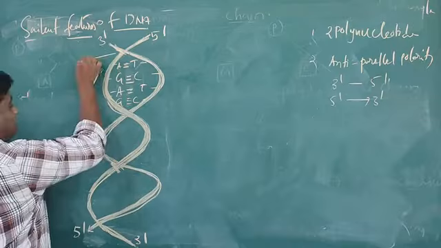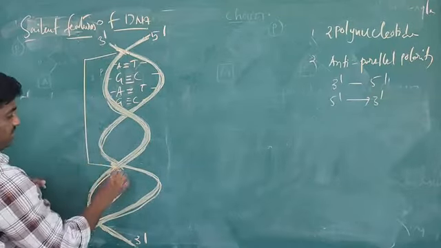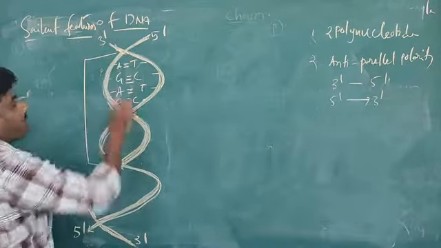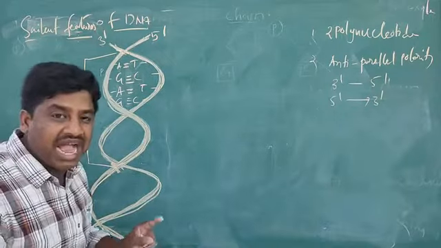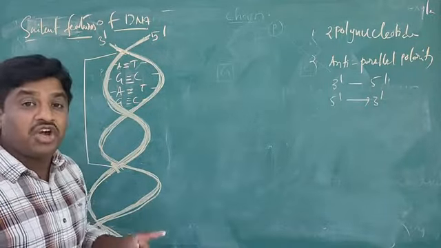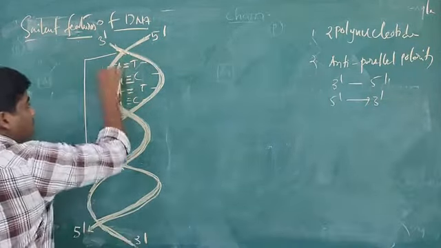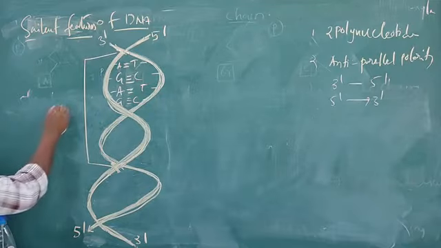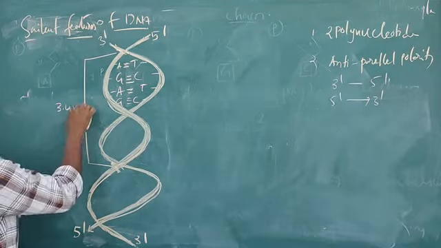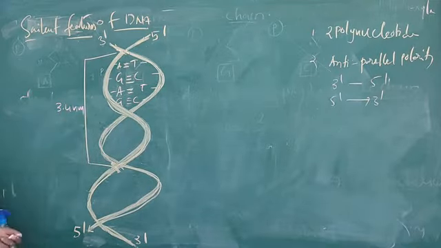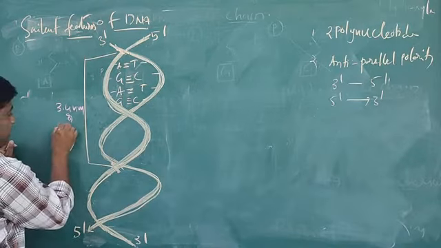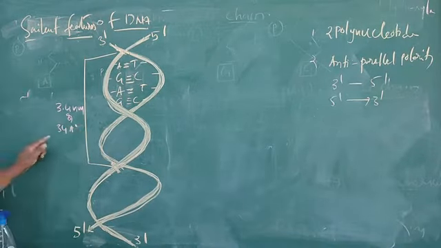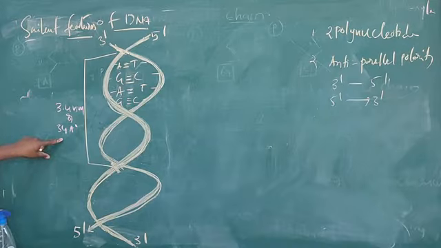Pitch means length. The pitch of the helix means the length of one helix turn. How much is it? It is 3.4 nanometers, or another way to say it, 34 angstroms.